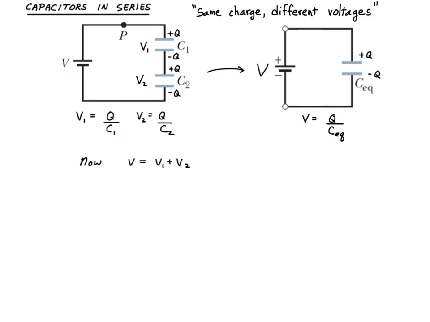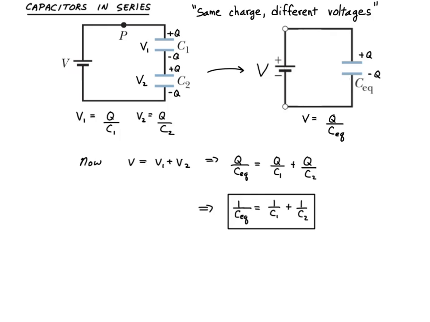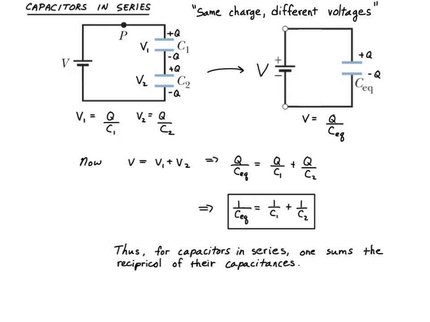So putting in our expressions for the V's and dividing out the Q's, we arrive at 1 over CEQ equals 1 over C1 plus 1 over C2. Thus you get the rule for capacitors in series: the reciprocal of the equivalent capacitance is equal to the sum of the reciprocals of each capacitance.